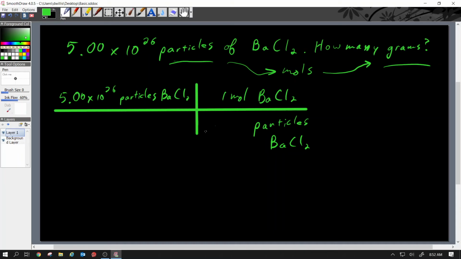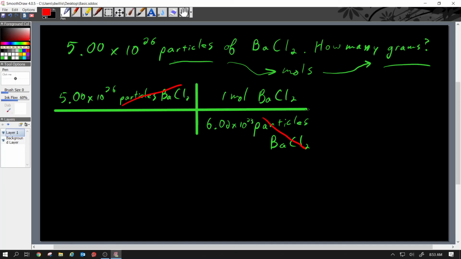How many particles are always in a mole? Yes, Avogadro's number, 6.02 times 10 to the 23rd. So we will end up dividing by that. I'm not going to do it yet, though. My particles will go away, and so I'll be left with moles of barium chloride.